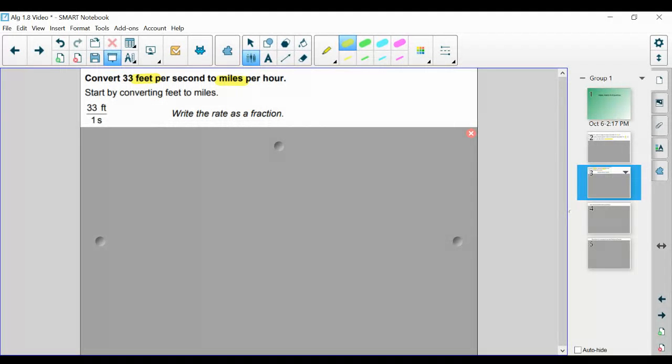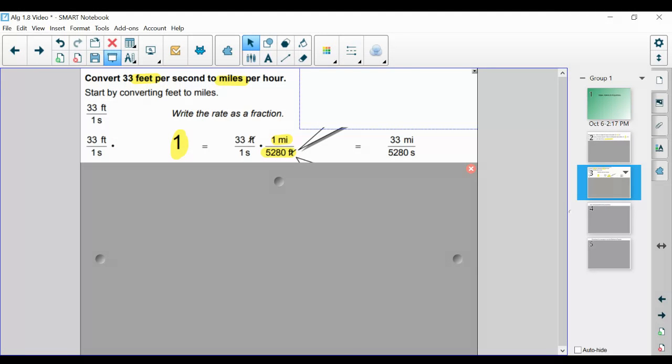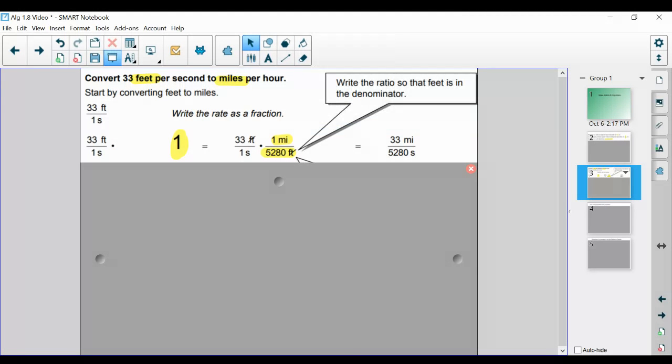So we know that 33 feet per second could be written as 33 feet divided by 1 second. So we're going to multiply, remember, by 1. So we're going to multiply by 1 mile for every 5,280 feet. That is the conversion rate of miles to feet. And we want to write the ratio so that feet is in the denominator because we currently have it starting out in the numerator.